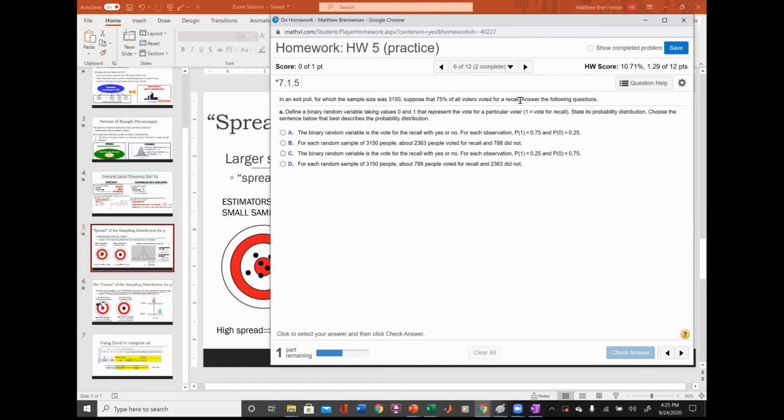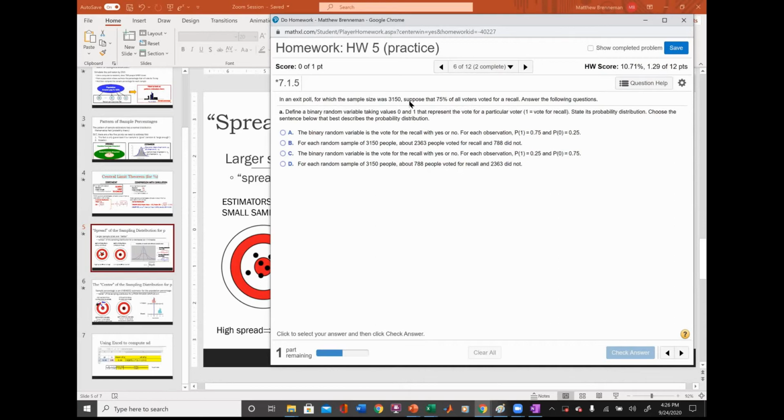Now, one word of warning. Whenever you see a percentage, especially in this context, you have to ask, what is it? Is it a sample percentage or a population percentage? You might remember we had some homework problems that tested parameter versus statistic, right? So parameter is when it comes from the whole population.